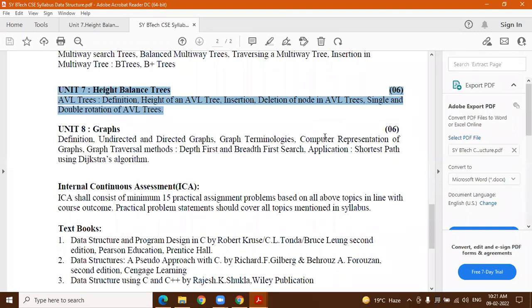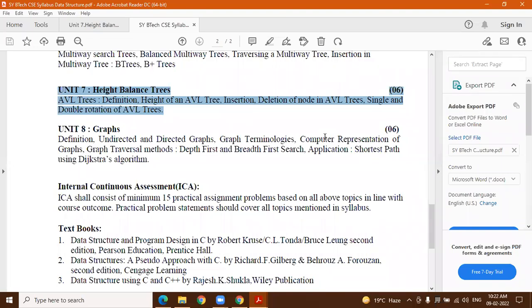So the AVL tree we will discuss. After the definition, the height of AVL trees, right? The height of an AVL tree is very important. We will discuss the meaning of AVL and everything. After that, generally, in our data structures, how many operations are we performing for every data structure?